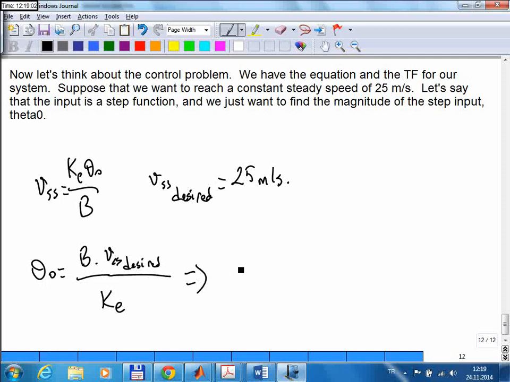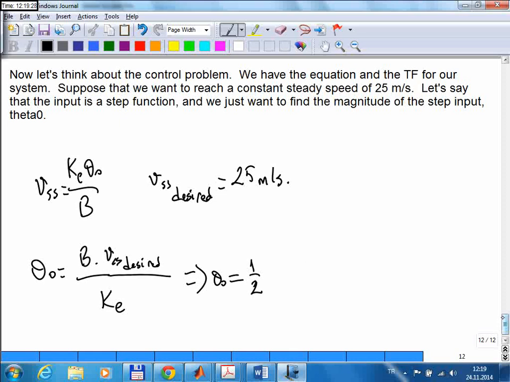In fact from here we know what this is going to be, right? It's going to be 1 over 2. Okay, so we find that if you want to reach 25 meters per second, then the input pedal position should be half of the maximum deflection available.